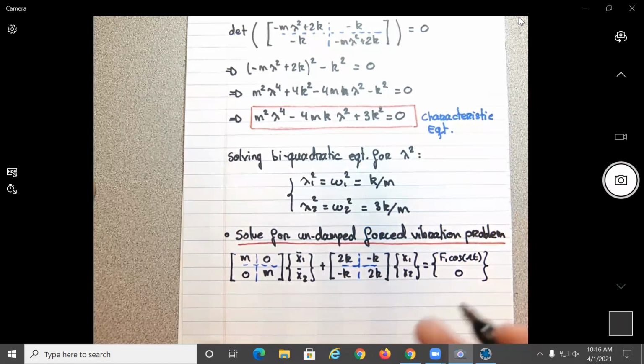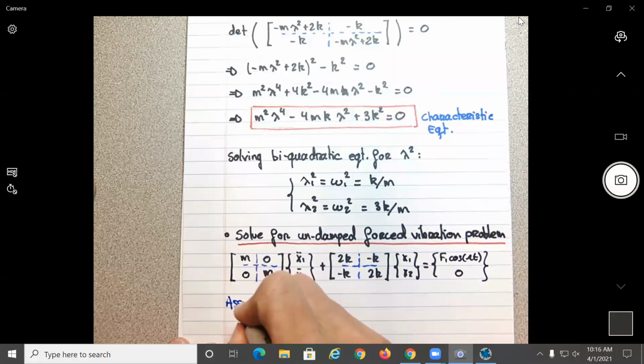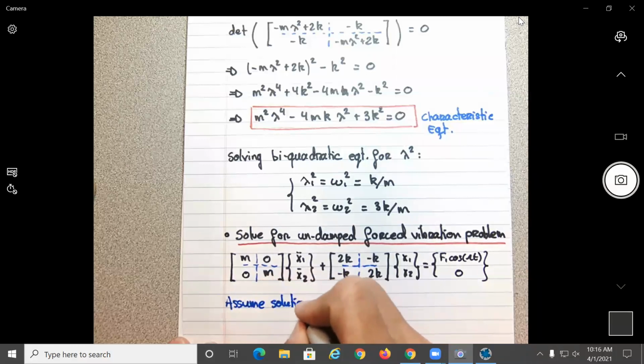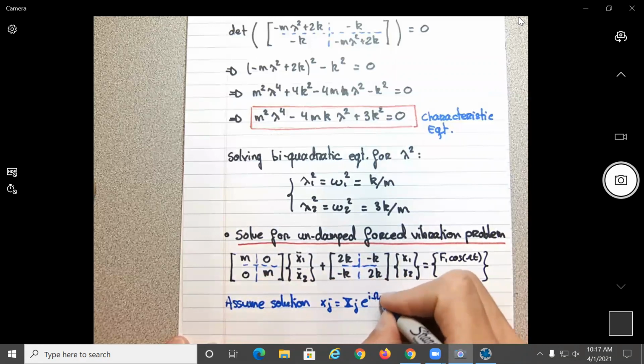Okay, so what is the next step? Assume the solution x_j equal capital X_j e to the, but this time, what should be the answer here? i capital omega t.